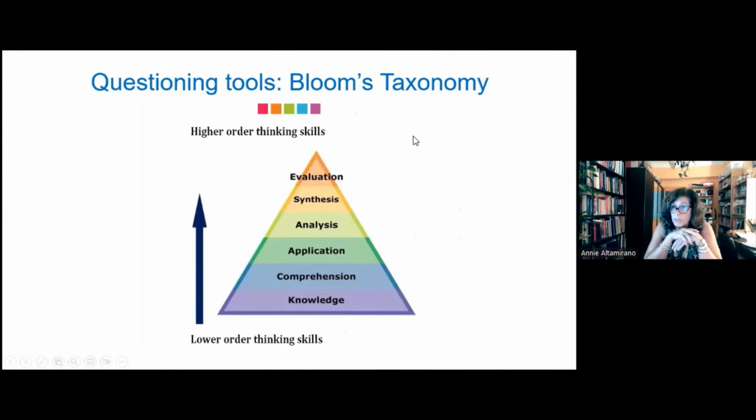Higher order questions are those questions that require the student to go beyond the simple information and engage in deeper thinking. And so both the language and the thinking are more complex.